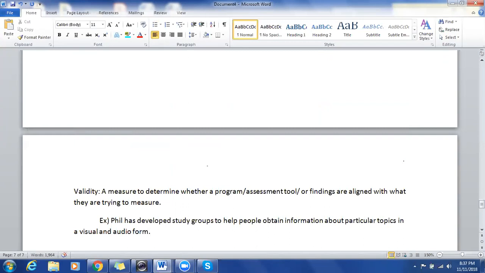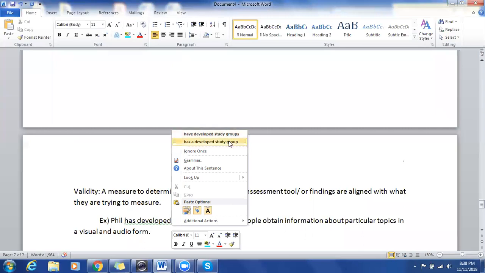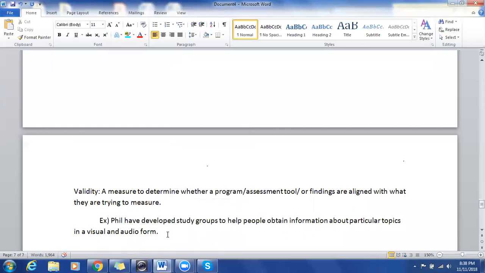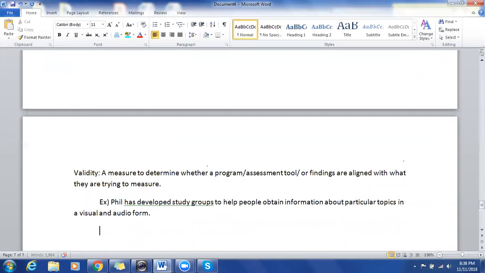So validity here would be, am I actually helping people when I'm doing this? If every time I do a study group, people are like, I have no clue what research is anymore. Phil was talking, he was providing examples, and I entirely have no clue what the subject actually means now. And it's like, his study groups probably aren't pretty valid then if they're not meeting the particular goal. So it's not really valid if it's not meeting what it's supposed to.